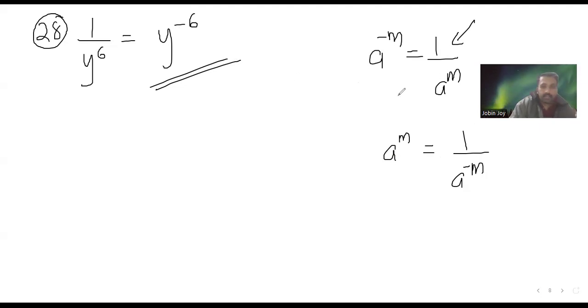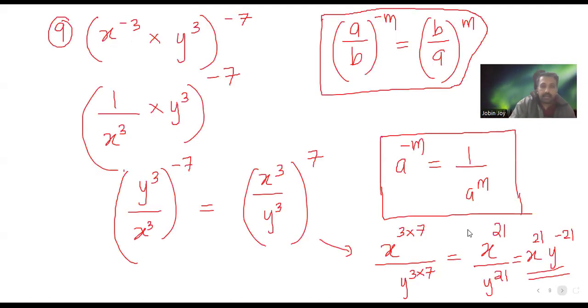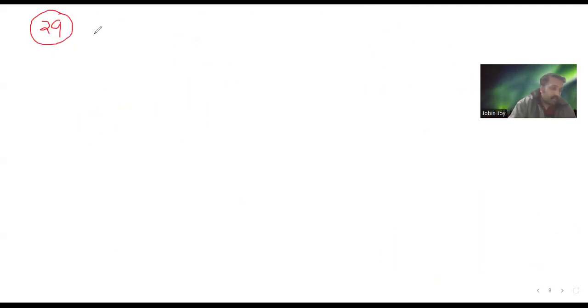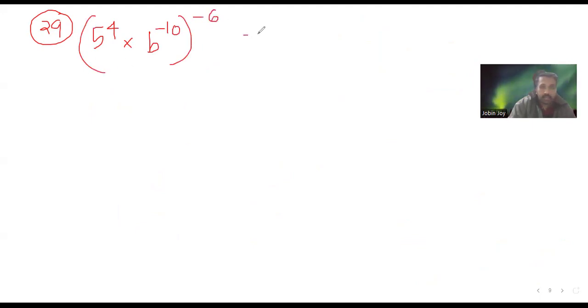Then question number 29. Select the equivalent expression of 5 raised to 4 into b raised to minus 10, the whole raised to minus 6.